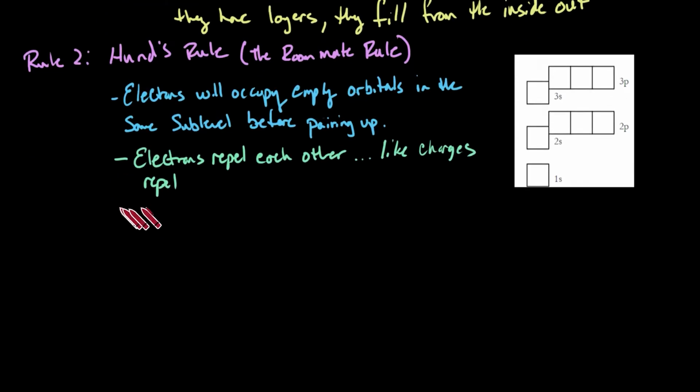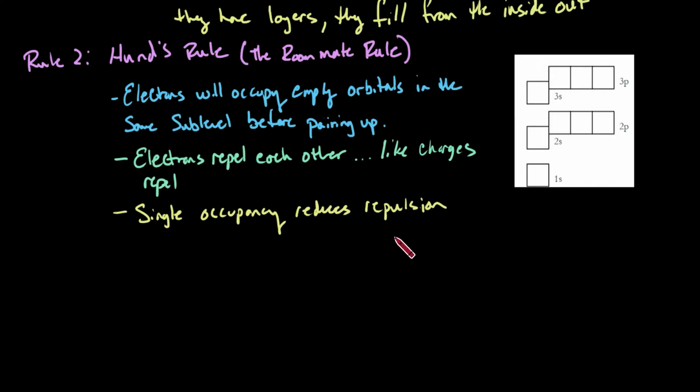And single occupancy reduces repulsion. So electrons aren't ready to leave the atom if they're in their separate orbitals.